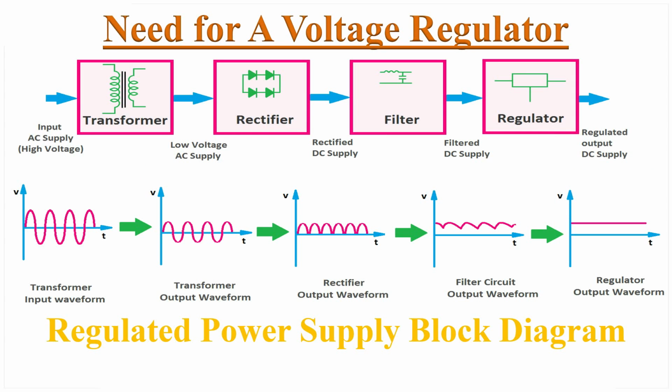If we observe the regulated power supply block diagram, then we will get an idea of how a practical regulator works. Here the output stage is a voltage regulator stage. It maintains constant output voltage irrespective of any kind of input fluctuations and load current variations.